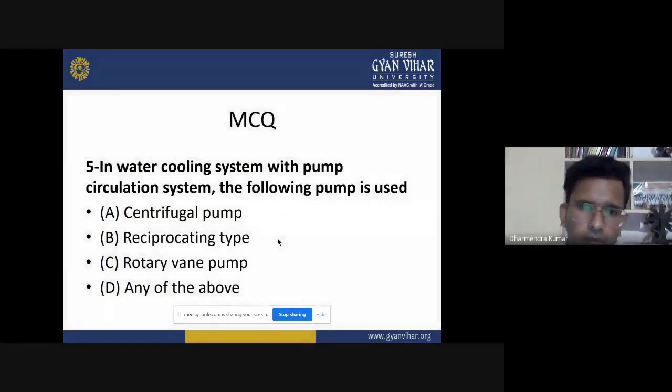Now the next question is, in a water cooling system with pump circulation system, the following pump is used.